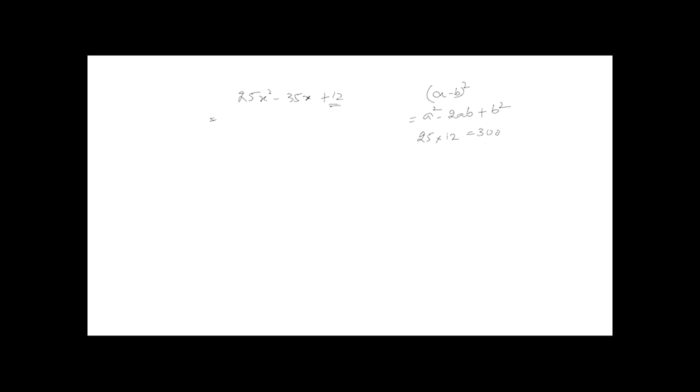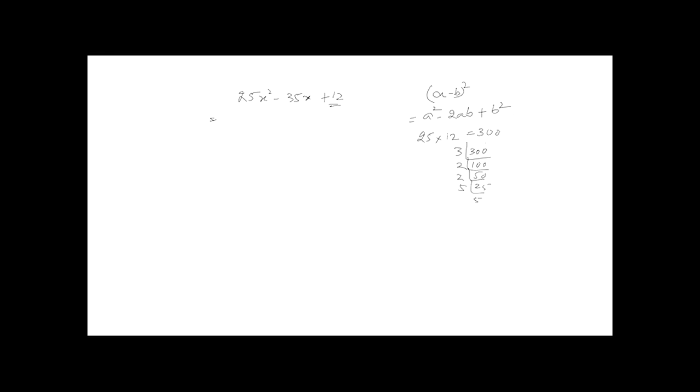Addition must give us 35. Factors of 300: 100, 50, 25, 5. These are all the factors of 300. You have to combine them to get 35 on addition.